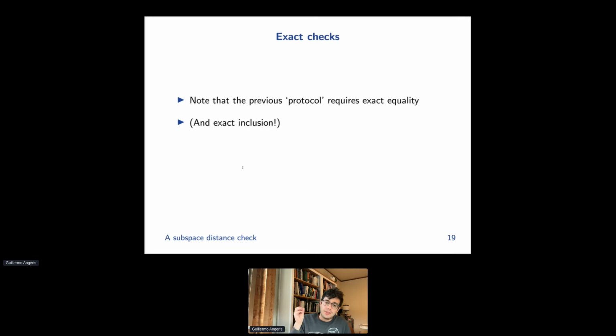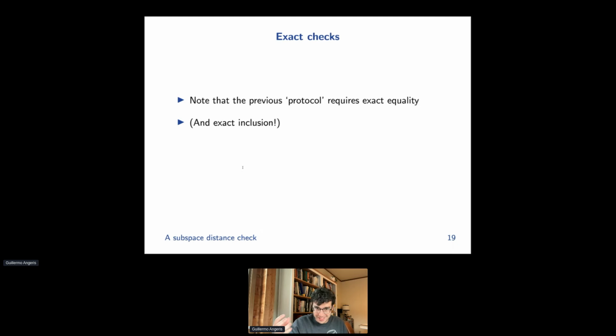So not only does the previous protocol require this notion of exact equality, which we would like to relax to something that's close enough, it also requires a notion of exact inclusion. So when we say y and z belong to this vector subspace V prime, we're actually talking about a notion of exact inclusion, like y and z must belong to this vector subspace.